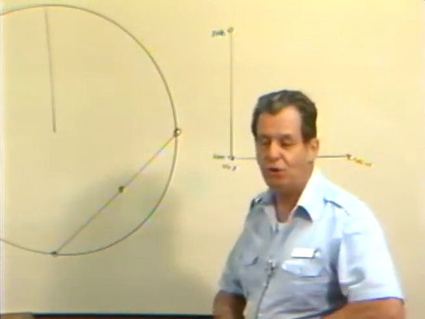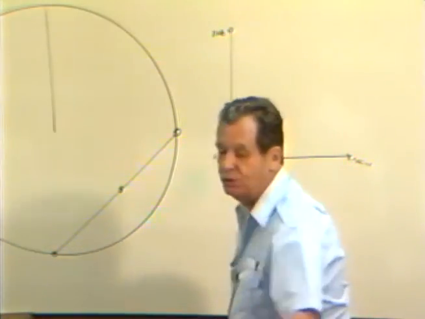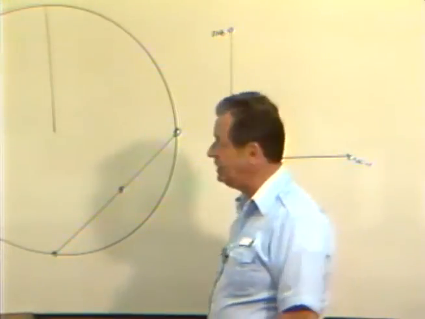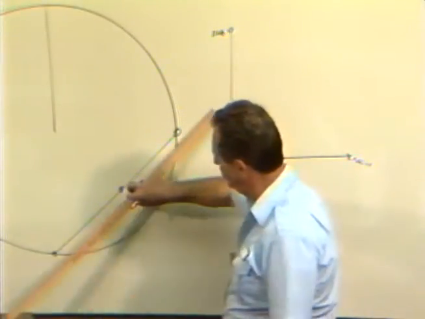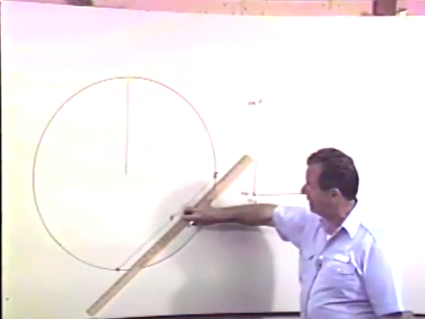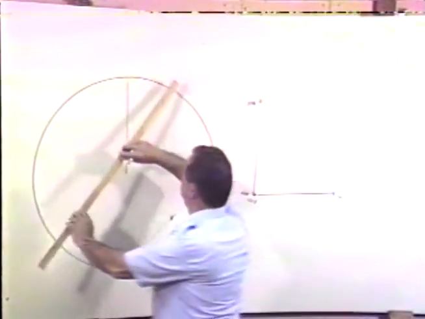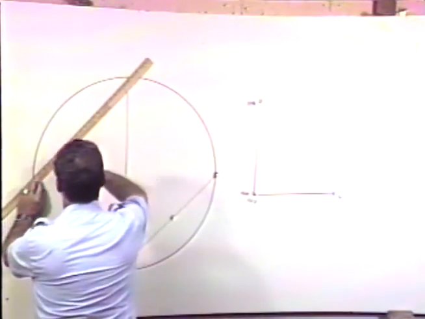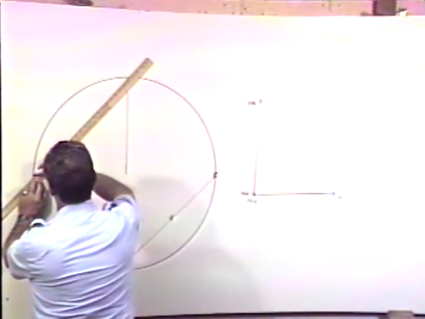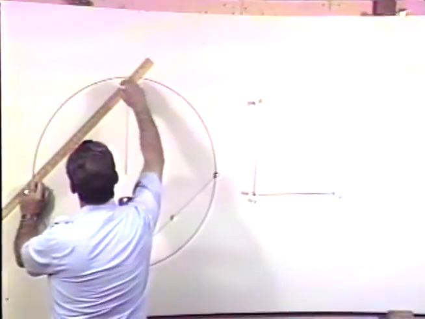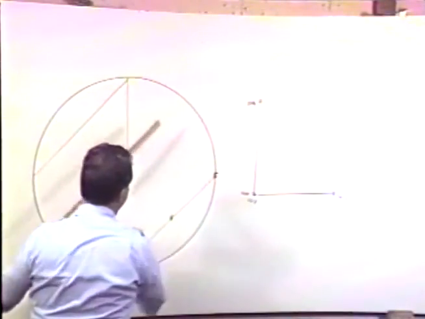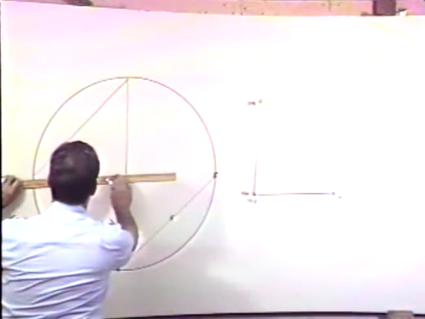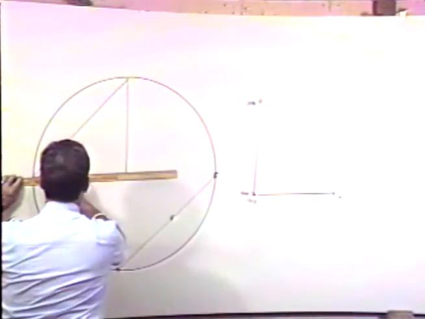Now, I'm going to show you how easy it is to determine what the true course and speed of this contact is. All we have to do is parallel this line up to the top of our course line and draw that line in, making sure that it is parallel and making sure that it is the same length as the original line, and then close the triangle.